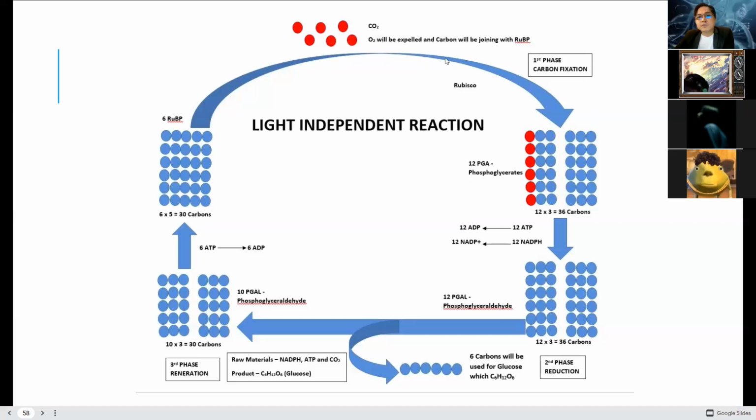Once we pair RuBP with 1 carbon molecule from the atmosphere, we can create phosphoglycerate, a 3-carbon molecule. By the way, during carbon fixation, carbon dioxide is absorbed and used, and oxygen is released again in the atmosphere.